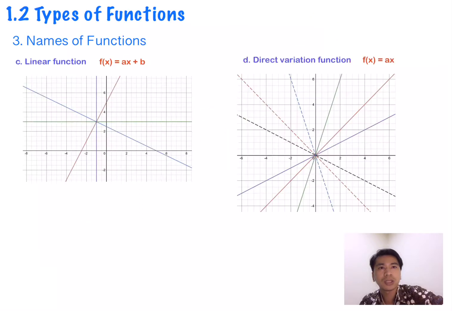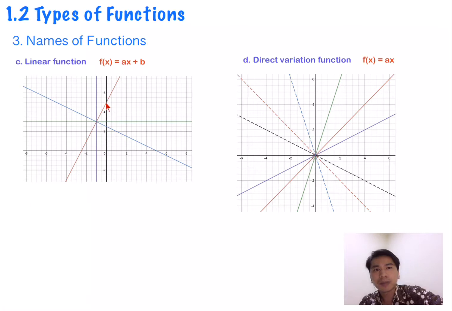Let's move to the next one, which is the linear function. The linear function has general equation f of x equal with ax plus b. The a represent the slope, b represent the y-intercept.